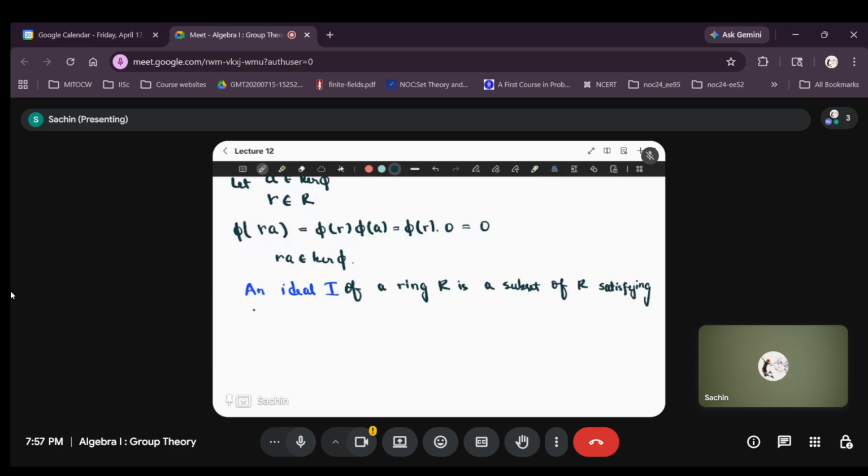First property is, I is an additive subgroup of R plus.